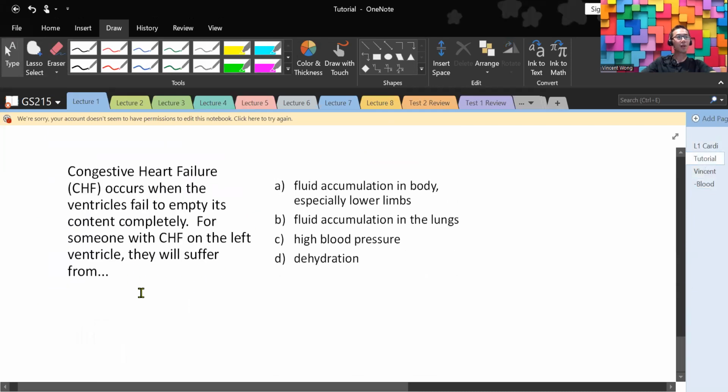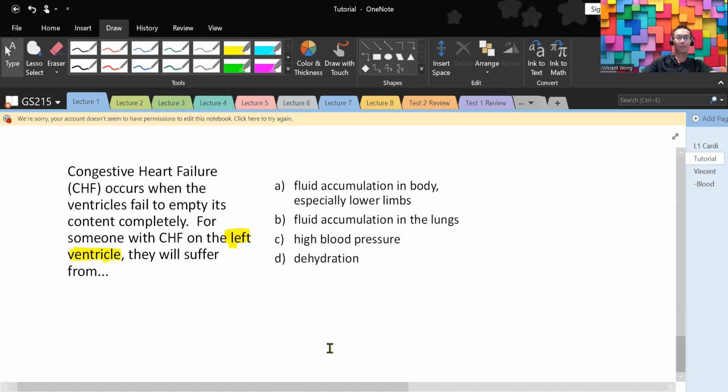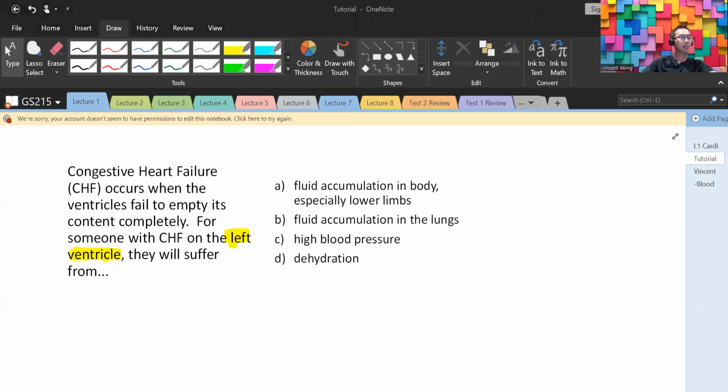Okay, this question asks you what happens if it's on the left side. Okay, I just explained to you what happens on the right side. So can you try to see what happens? Speculate what happens if congestive heart failure occurs on the left side. Okay.